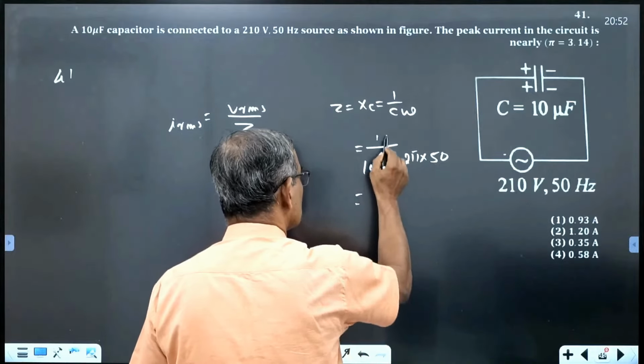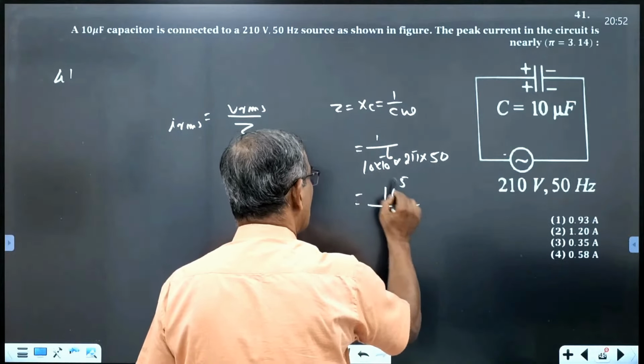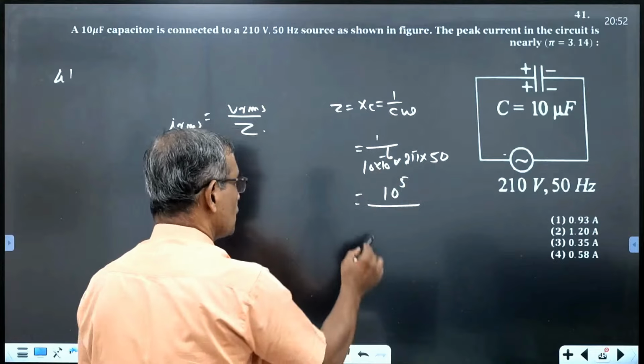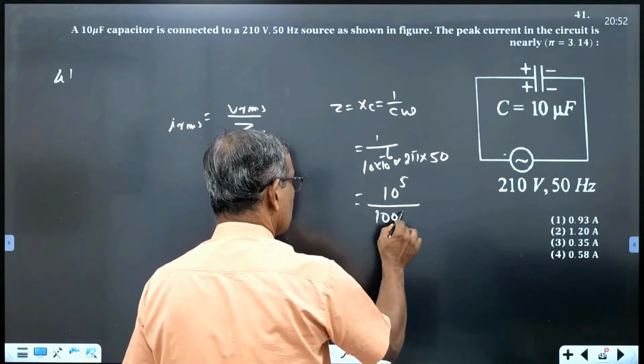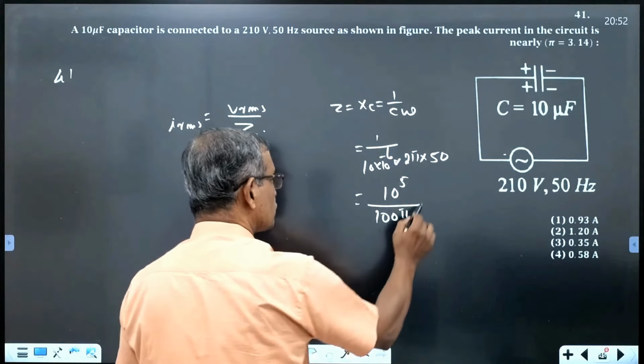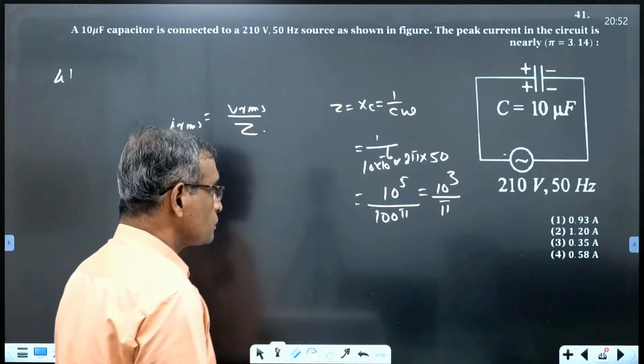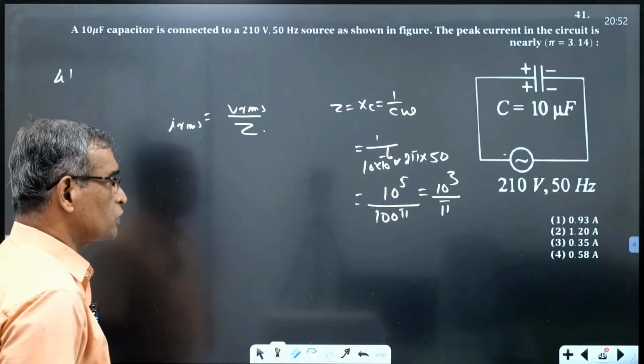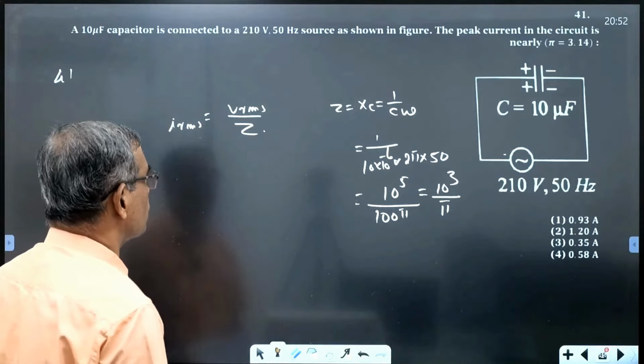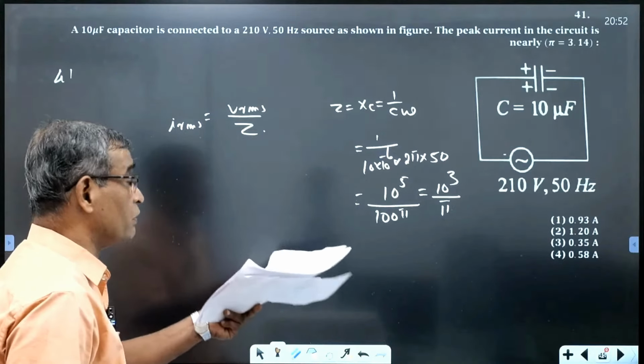This is equal to 10 raised to 5 by 100 pi, which is equal to 10 raised to 3 by pi. This is our Z value.